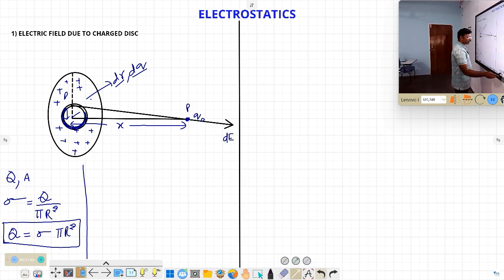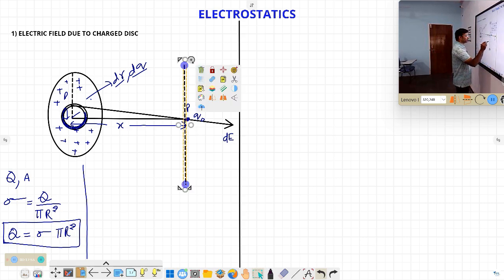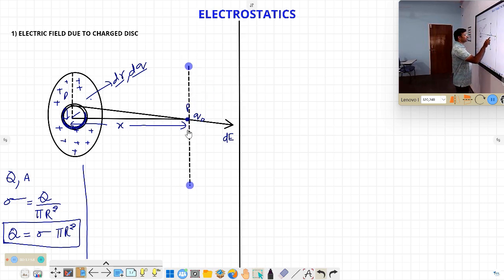Again, to calculate the direction, take a coordinate system: choose the x-axis and also the y-axis.